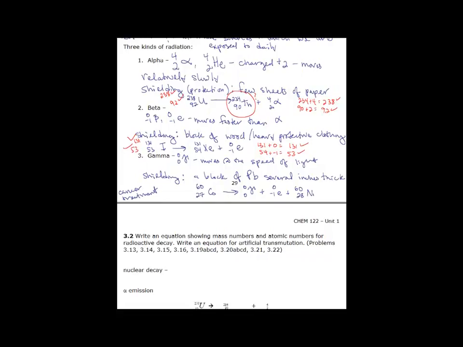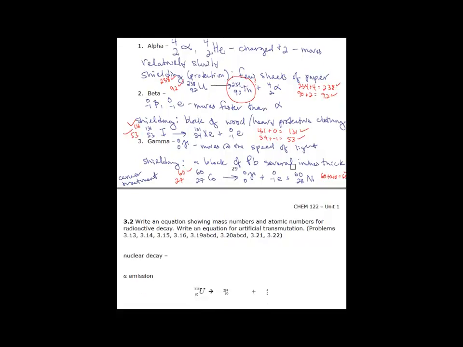And if you add these up, you have 60 on the left, 60 plus 0 gives you 60 on the right, so that checks out. And then -1 plus 28 gives you 27, so that checks out.